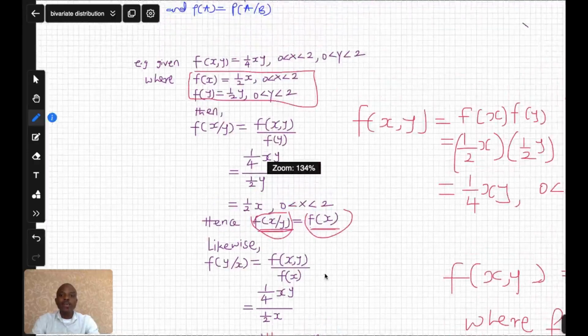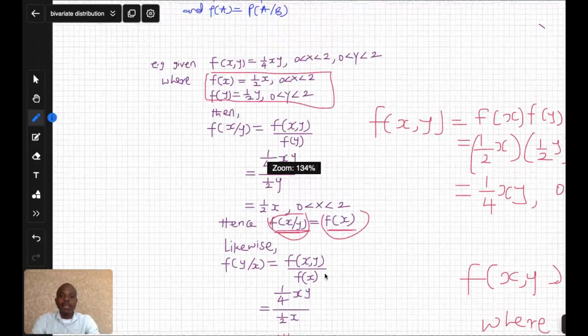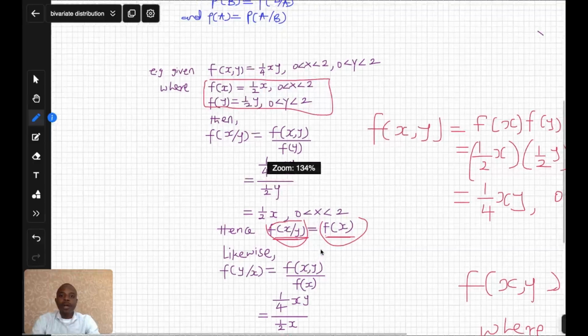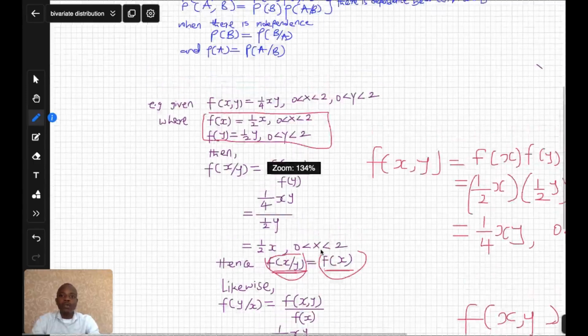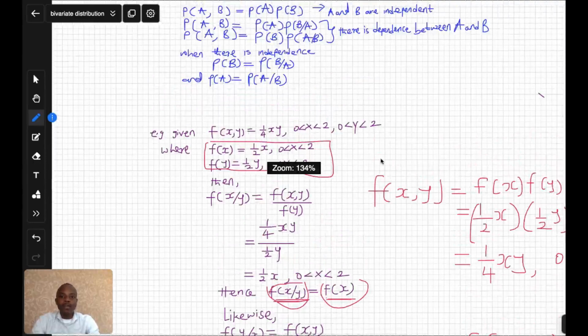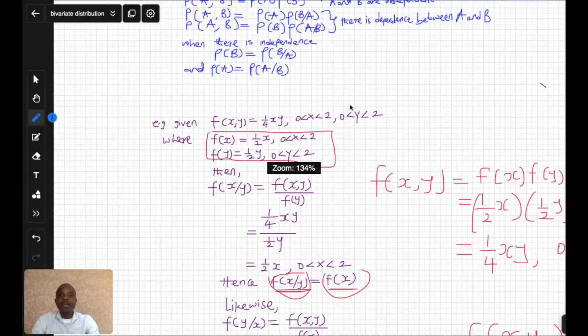So that's what we are talking about. It means that independence does not put any distinction between the marginal and the conditional distributions. So don't forget that. And with that, we have come to the end of this lesson. Thank you.